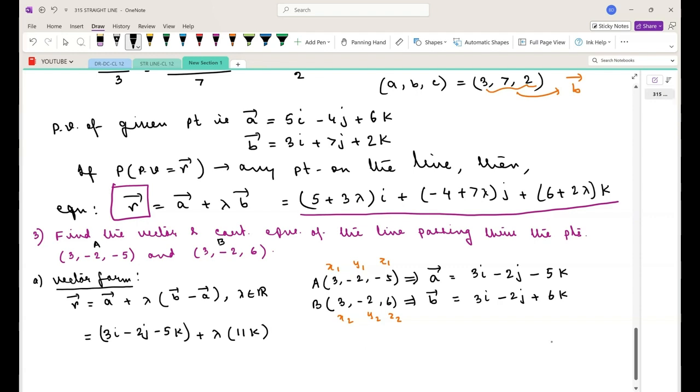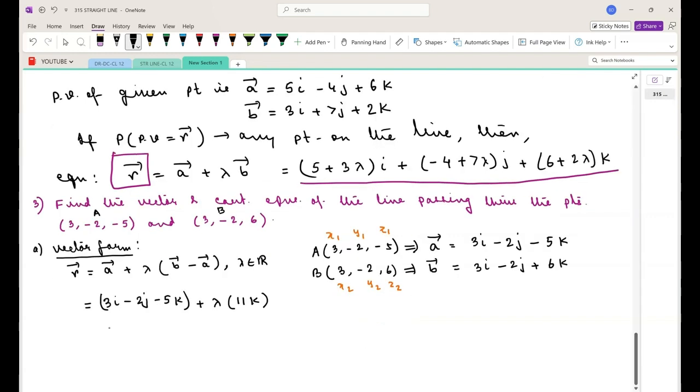So finally, the answer should be given in the form r equal to 3i minus 2j, and taking the k portions together, (minus 5 plus 11 lambda)k. So that's my final answer.